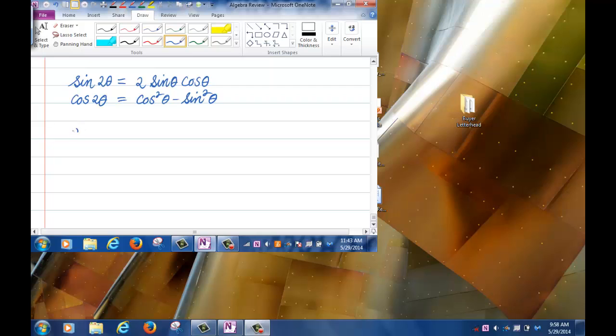One is, if I have cosine squared of theta, I can write it as half of 1 plus cosine 2 theta. If I have sine squared theta, I can write it as half of 1 minus cosine 2 theta.